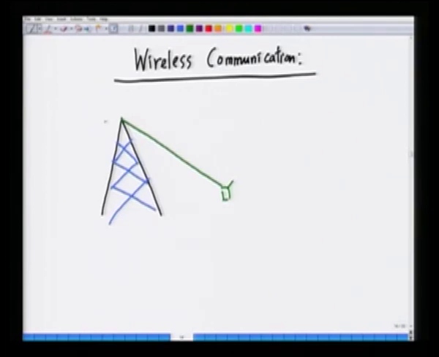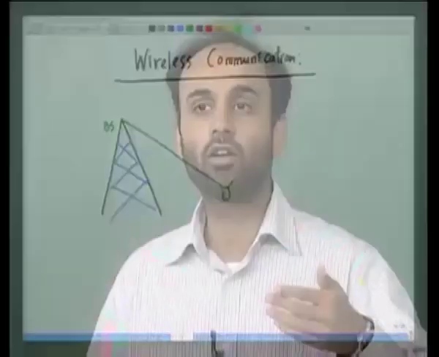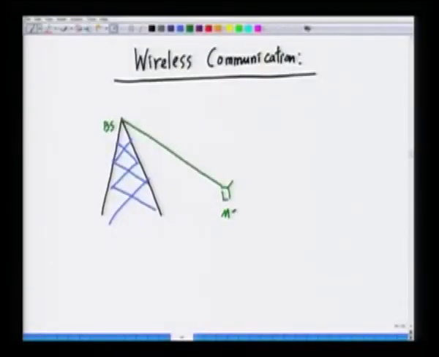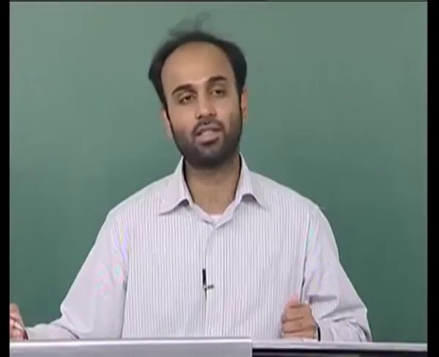So, I have a base station that is typically mounted at a great height, on a base station tower, and a mobile station which I am going to denote as MS, and there is a signal that propagates from the base station to the mobile station, that is the electromagnetic wave or the wireless signal.